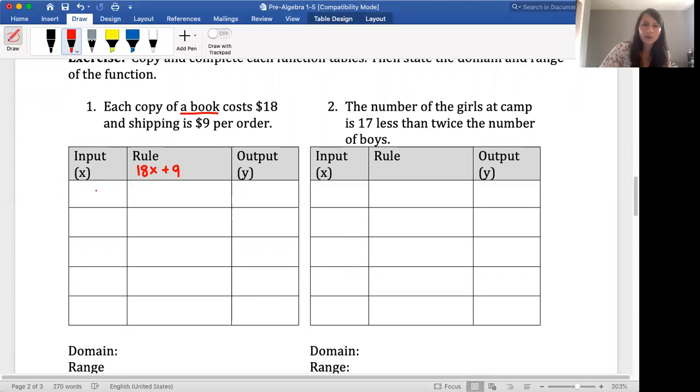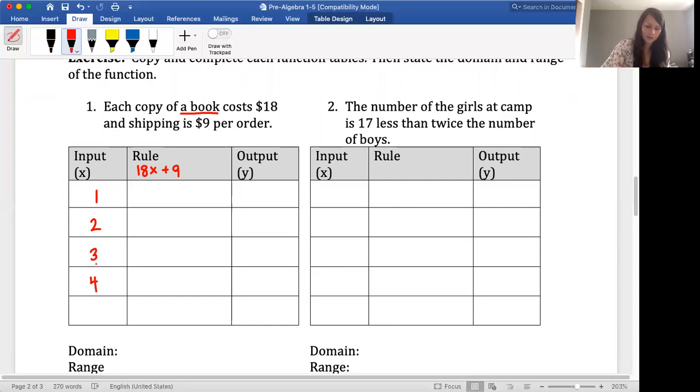Now I can come up with a few values for the amount of books I buy. I'm going to keep it simple and do 1, 2, 3, 4. You can use your calculator for this on your homework. On your test, you won't need a calculator because I probably won't pick numbers that are quite as complicated.